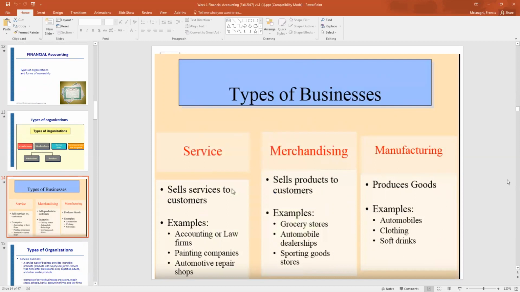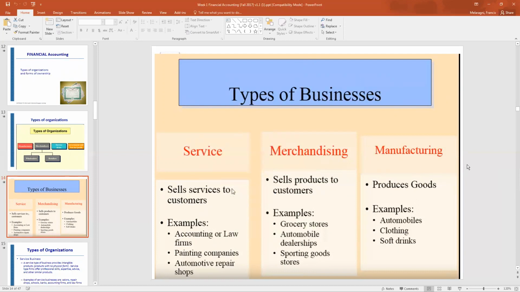And then manufacturing companies typically manufacture products. So they buy raw materials, they have people working on assembling them, they finish them to a certain level, sometimes a finished good, and then they sell them either directly to consumers or oftentimes through these merchandising companies, either wholesalers or retailers. So those are the three basic types.